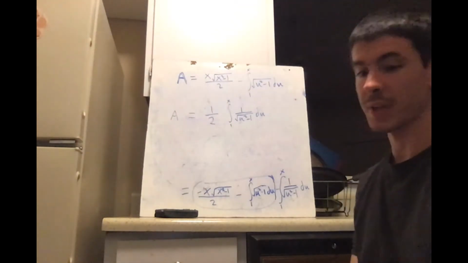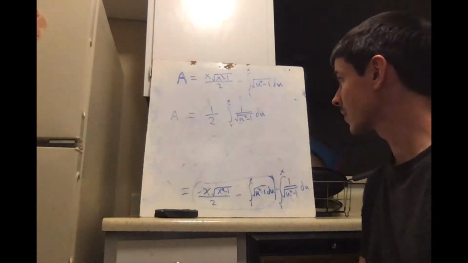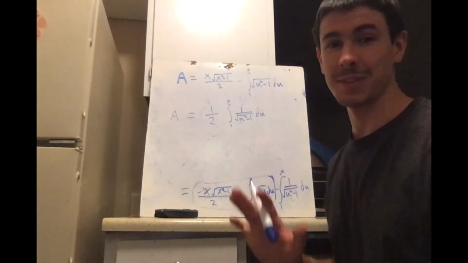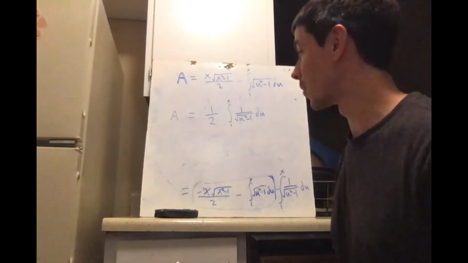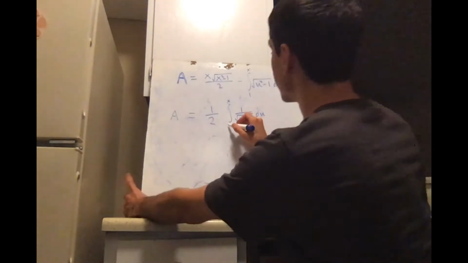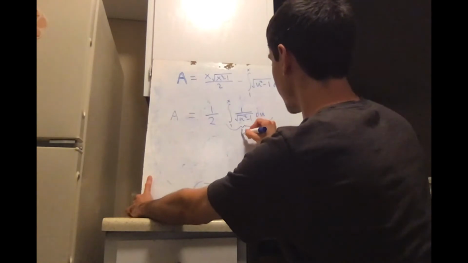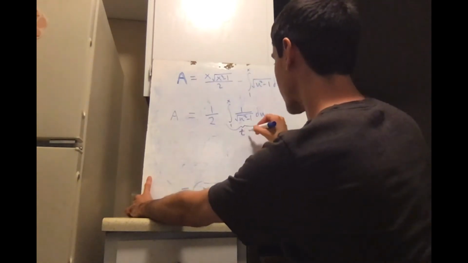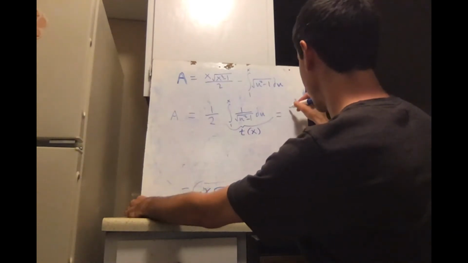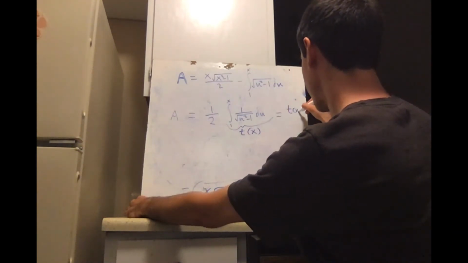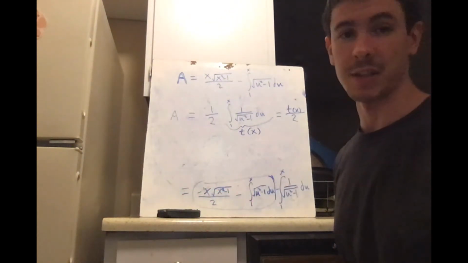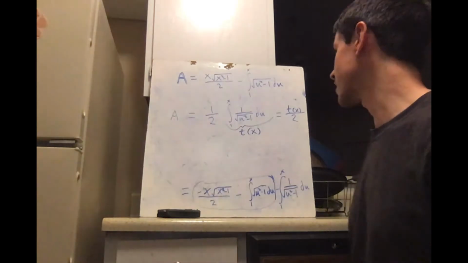Okay, so recalling what we talked about before, or you could just say I'm doing it just because, why not? I'm going to name this quantity right here t, and we'll express it as t of x, a function of x. So now we have that A equals t of x over 2. You can think of it as mirroring what we said before in lecture 8, or you can just think of it as a black box.